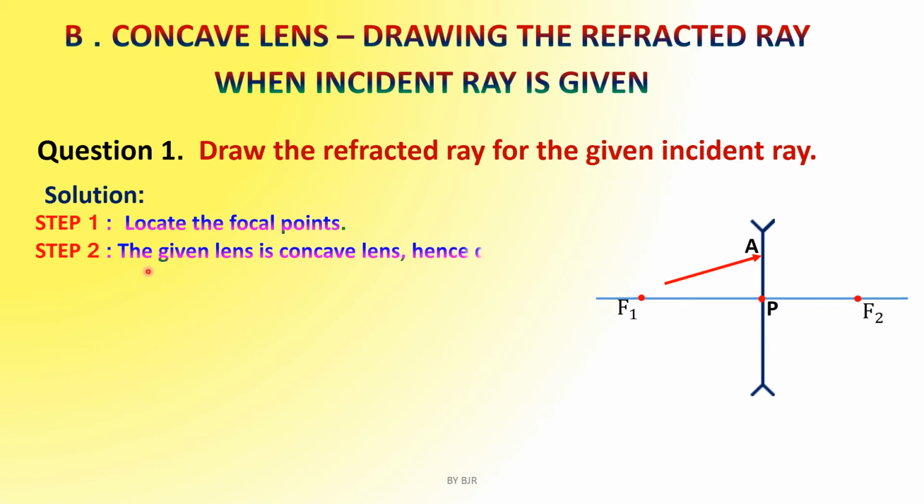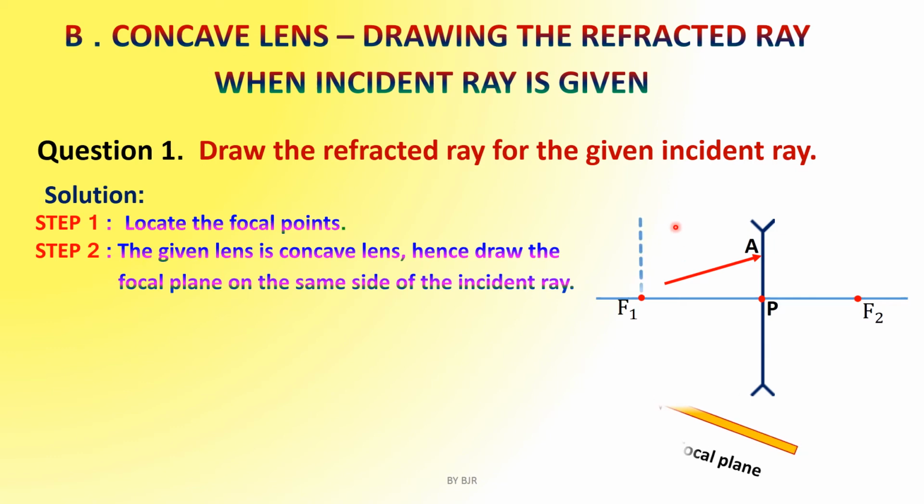See here, given lens is concave lens, hence draw the focal plane on the same side of the incident ray. This is the focal plane.